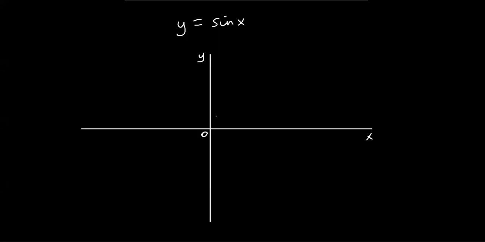And then starting from the origin, it goes up to 1, and then down to -1, and then it goes up to 1, down to -1, and so on. So the pattern just repeats forever in that direction.